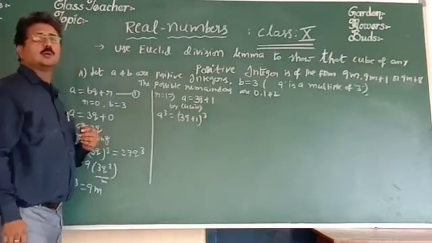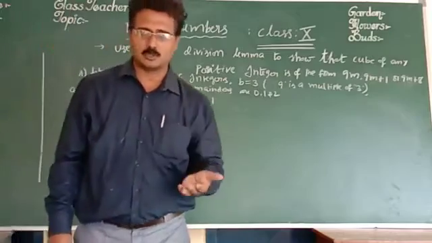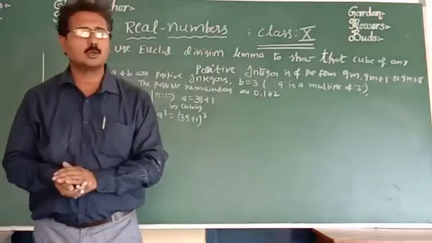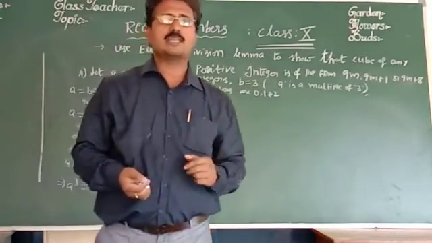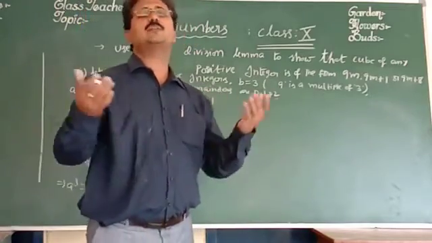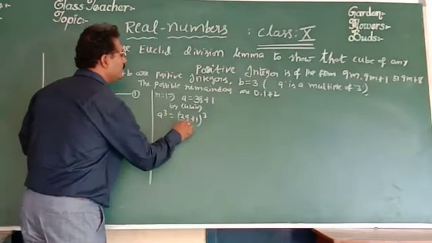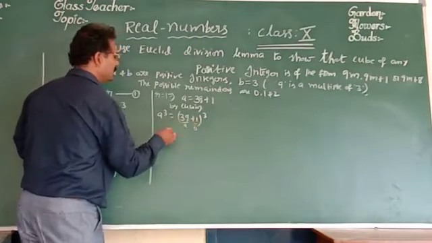This is in the form a plus b whole cube. What is the formula for a plus b whole cube? a cube plus 3a square b plus 3ab square plus b cube. So let 3q be a and 1 be b.